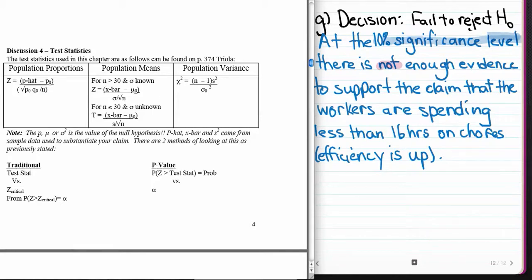Now, population means, when we have the standard deviation known versus unknown, the distribution of the x-bars changes. If we don't know sigma, then the distribution for the x-bars is a t. If we do know sigma, the x-bars distribution is a z.